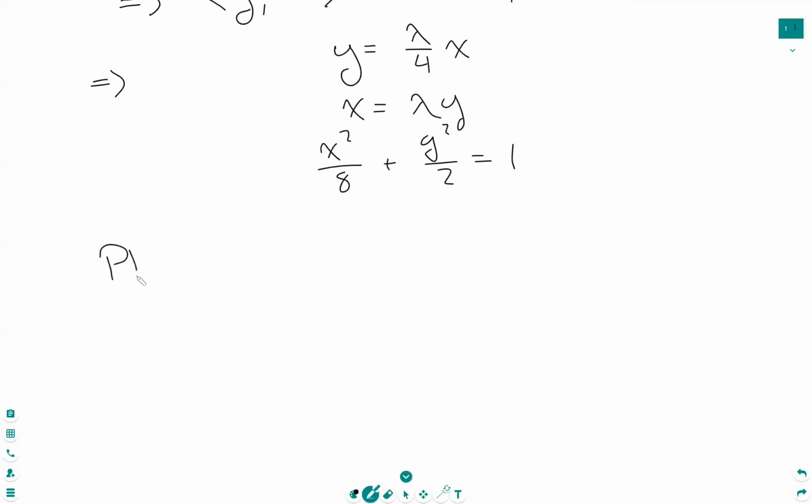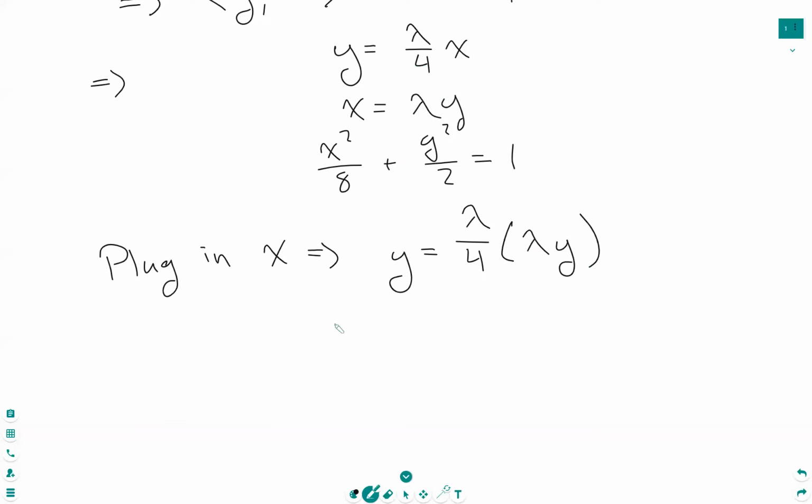Okay, so now let's plug in x into our second expression here, or sorry, our first expression. So we have that y is equal to lambda over 4 times lambda y. This means that y is equal to lambda squared over 4 times y.